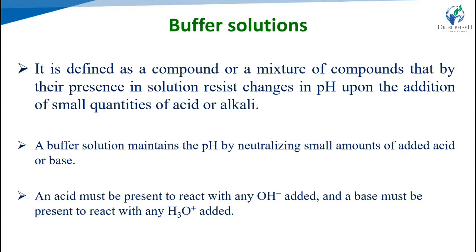There is a similar need in biological systems. For example, the pH of blood lies around 7.35. If this value falls below 7, acidosis occurs, or if it rises above 7.7, alkalosis occurs. In both cases the results are fatal and dangerous.